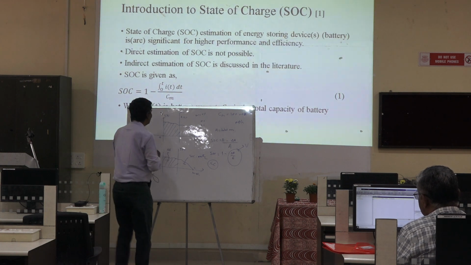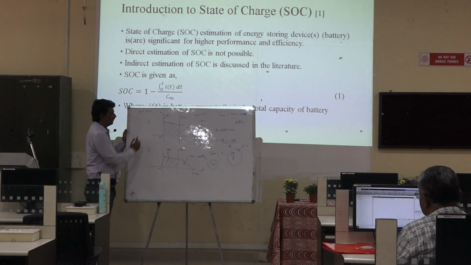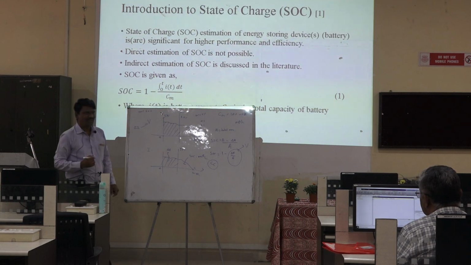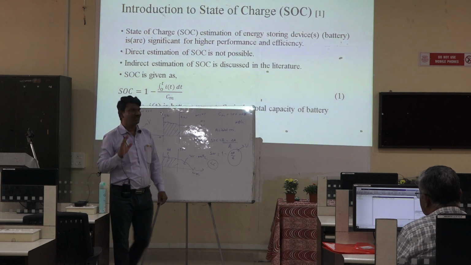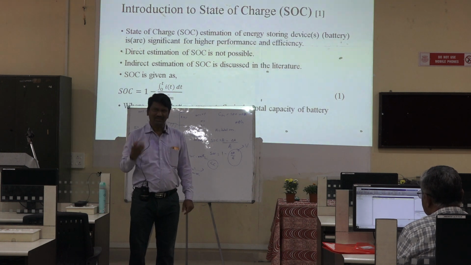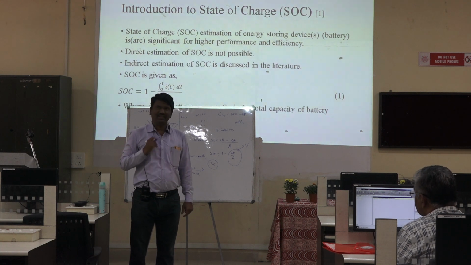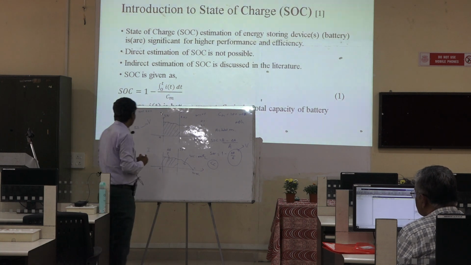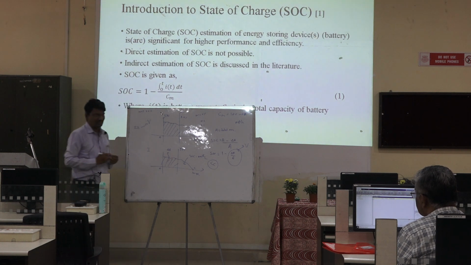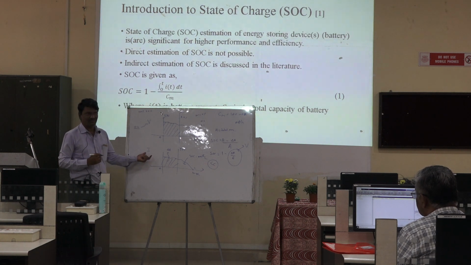But in case of the voltage, it has the open circuit voltage. It always indicates the voltage whether I am driving the vehicle or not. And in that case, it is difficult to estimate the SOC. So we are using the current.